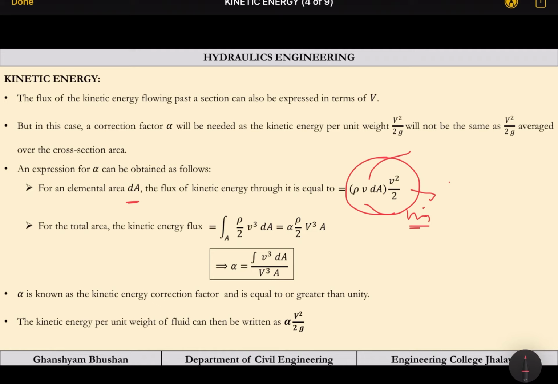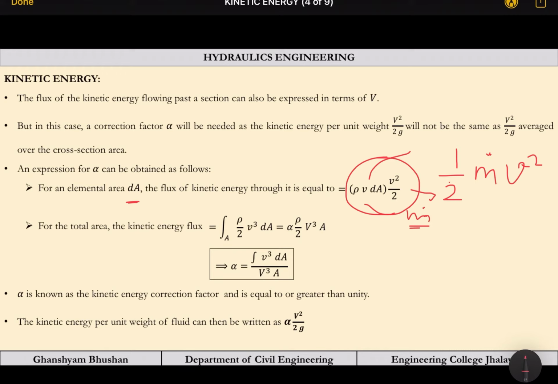So half m v square is your kinetic energy, but here we are calculating the flux, so it will be mass m dot. Flux will always be per unit time rate. Okay, so rho v dA into v square by 2.